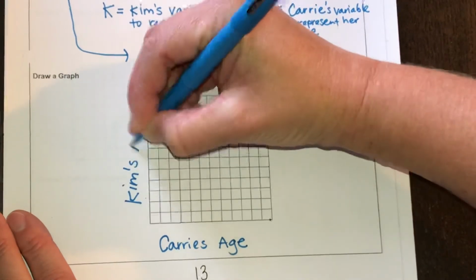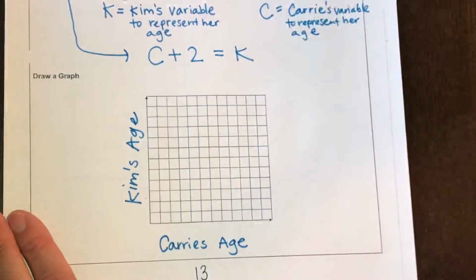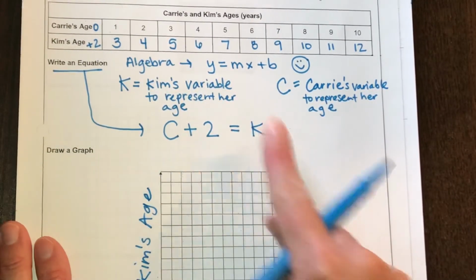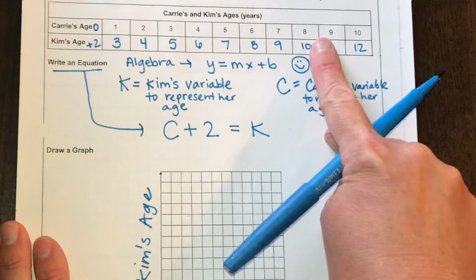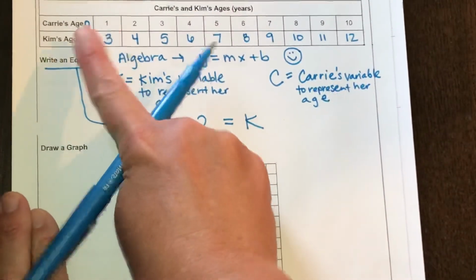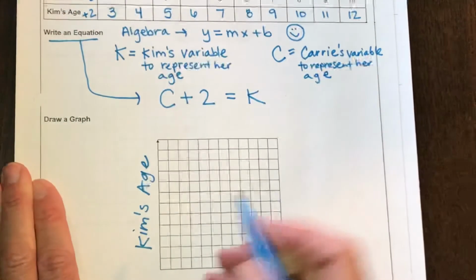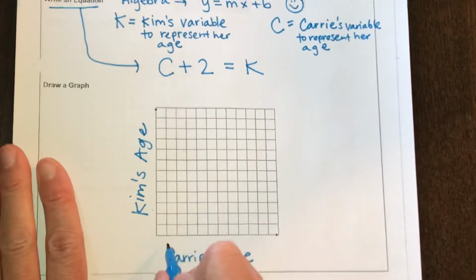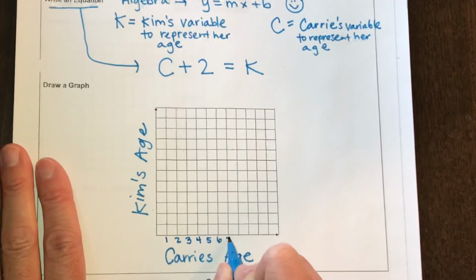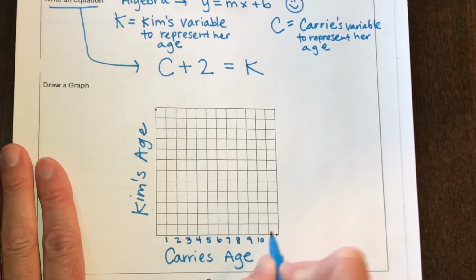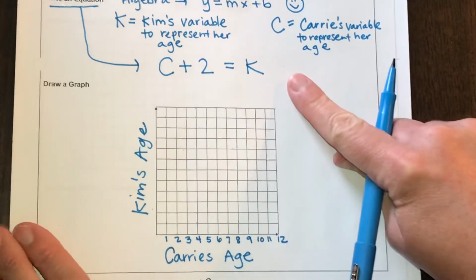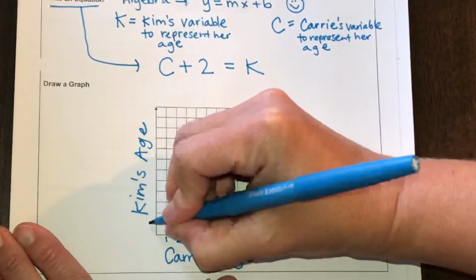And now the easiest way to graph this equation would just be to graph these points and connect them with a line. So I'm going to start at 1 for Carrie's age. And then I'm going to do the same for Kim.